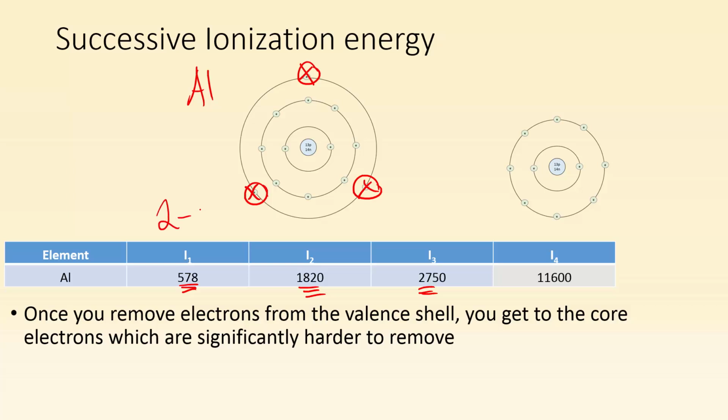Aluminum was 2-8-3, and now I've just ripped away those 3 electrons, and I'm getting to the core electrons. It's no longer the valence shell. So now, if I want to rip one of these electrons away, it's going to be a lot harder. You can see that in the values for that ionization energy. Once you get to the core, for aluminum, it's the 4th ionization energy. It's a lot harder to pull an electron away.